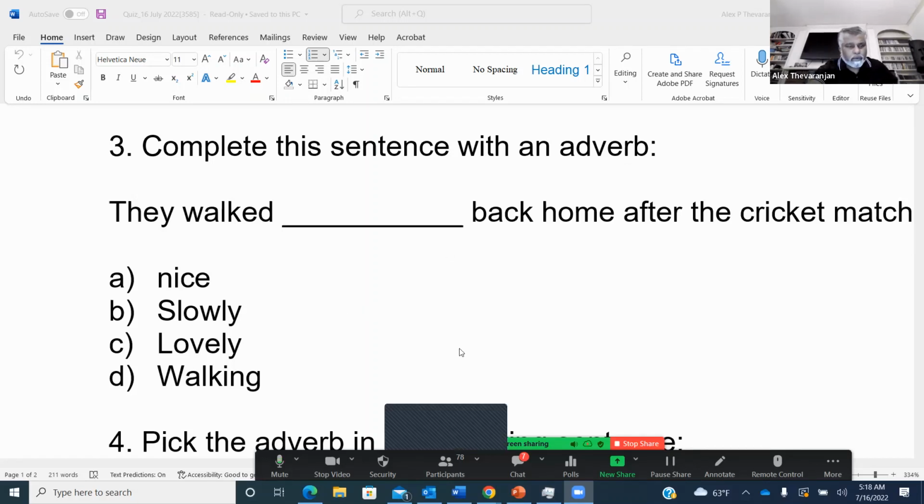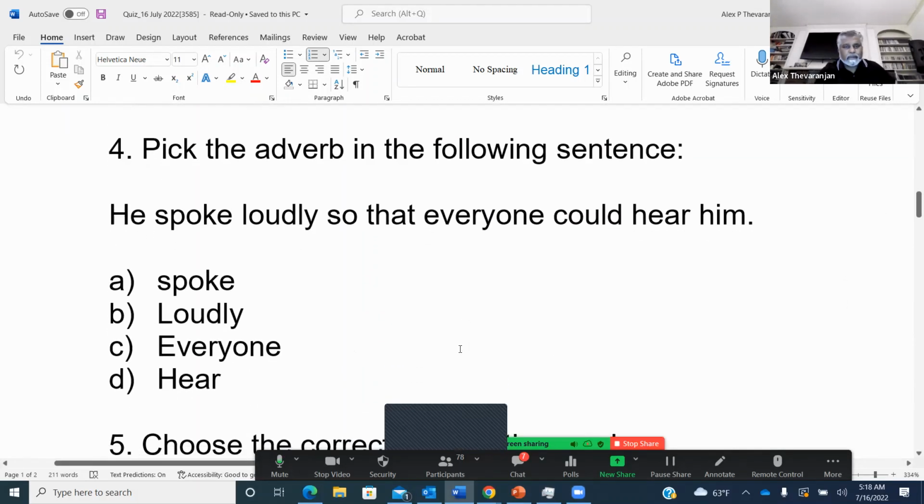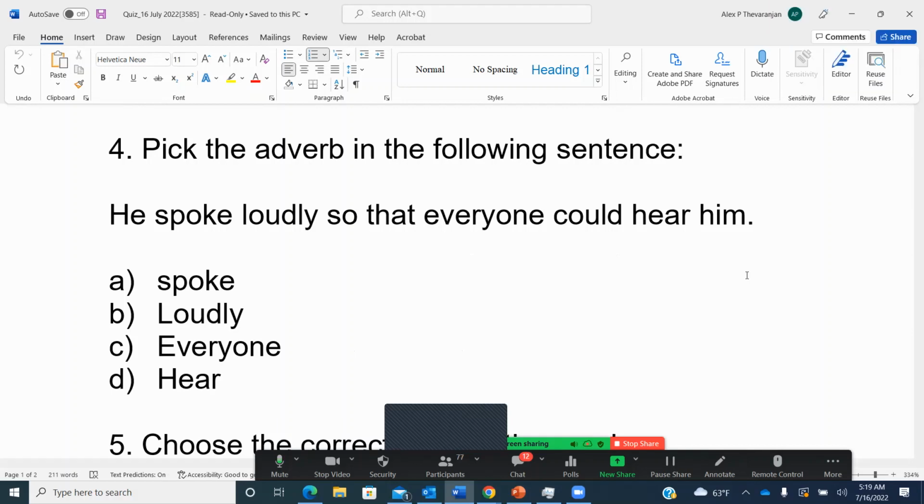Right. Very good. Pick the adverb in the following sentence: He spoke loudly so that everyone could hear him. Raise your hand.